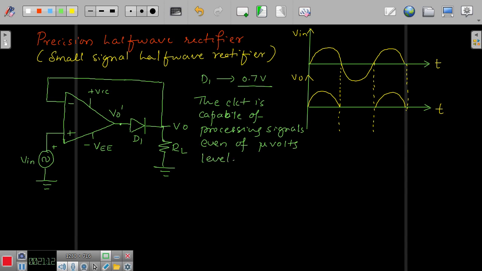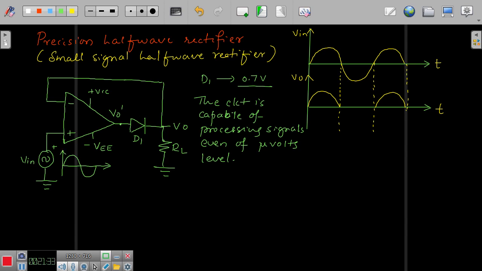Let us try to see how it is possible, right? So now in this particular circuit, the whole operation is again attributed to the nature of the input signal. Let us say that this is the input signal which I have already drawn there, right?